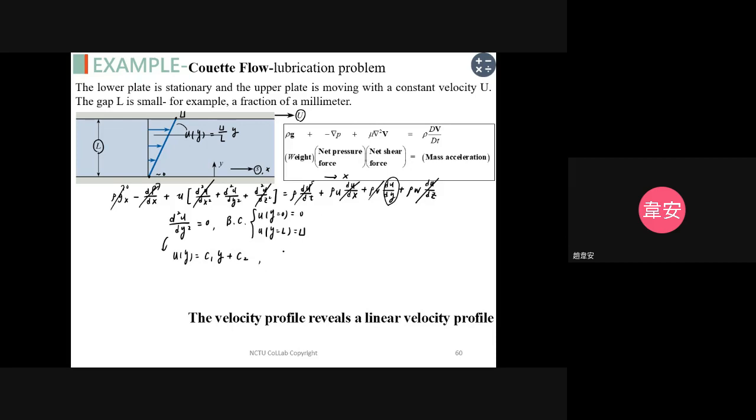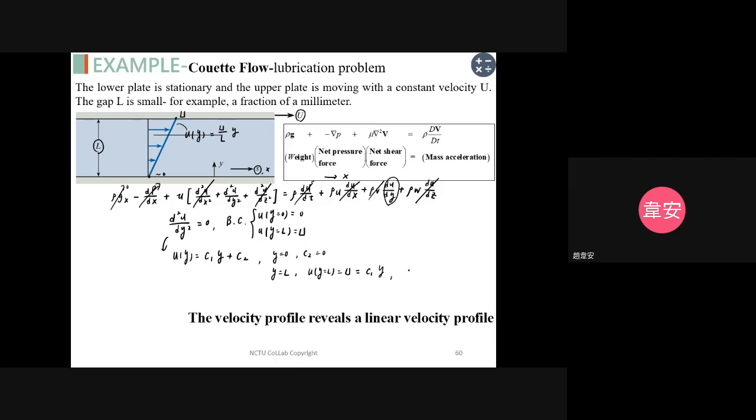First, y equal to 0 gives C2 equal to 0. If y is L, then u at y equal to L is equal to U, so C1 times L equals U, and C2 we already know is 0.